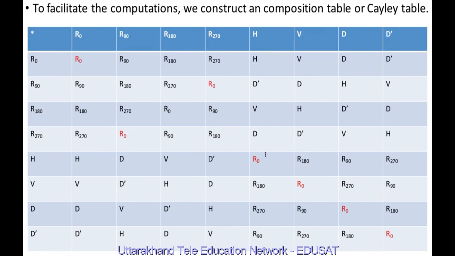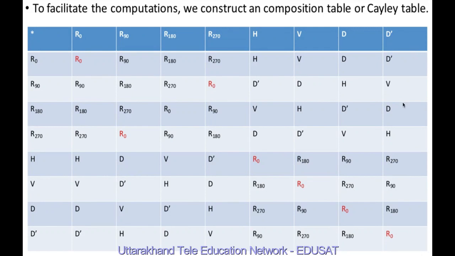Inverse of H is H. Inverse of V is V because the element above R0 in the top border row is V. Inverse of D is D, because the element above R0 in the top border row is D. Inverse of D dash is D dash because the element above R0 in the top border row is D dash.